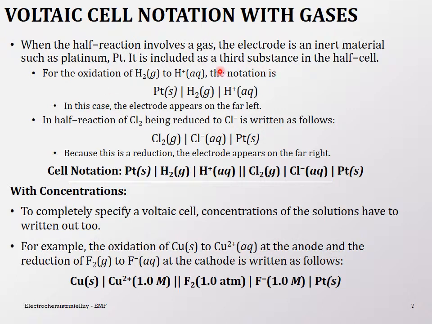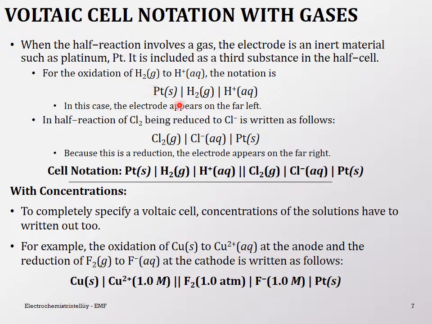So you have hydrogen going to hydrogen ions, which means losing electrons over here. So platinum is your solid, and then you have the hydrogen gas, which is losing electrons to give hydrogen ions. The platinum is solid, hydrogen is gas, and hydrogen ions are now in aqueous solution. All of these are separated by these lines because they separate out the different phases.